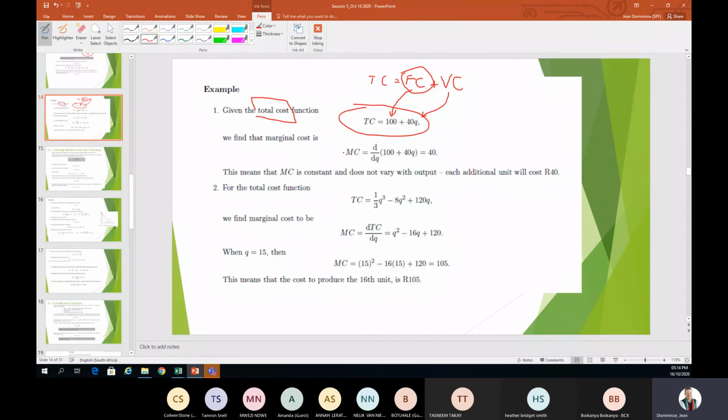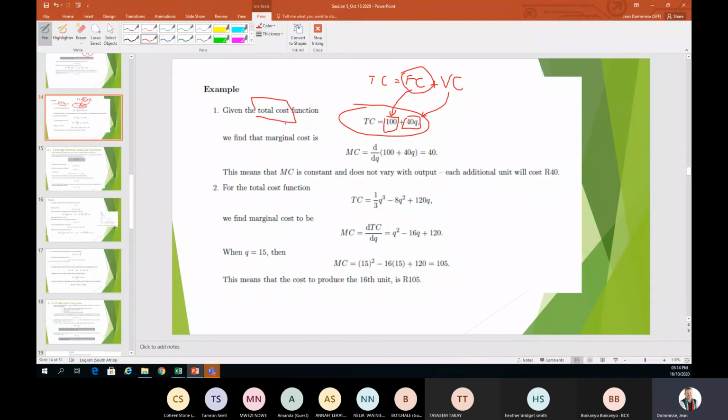So in your total cost function, the constant is your fixed cost, and the term with a variable is your variable cost. That is just if they ask you somewhere or they give you the two, that is how you can also look at it. That's just a tip from my side.